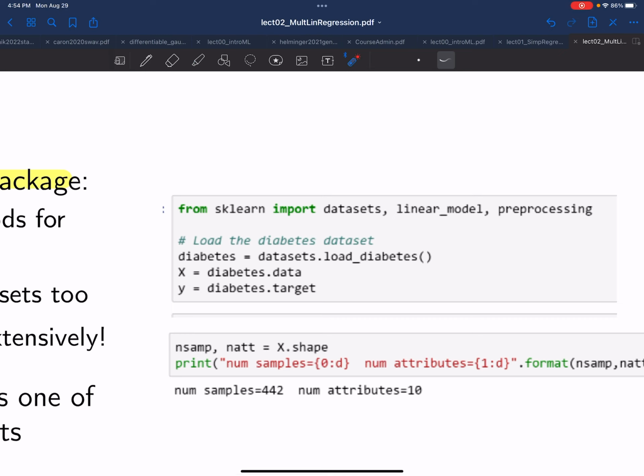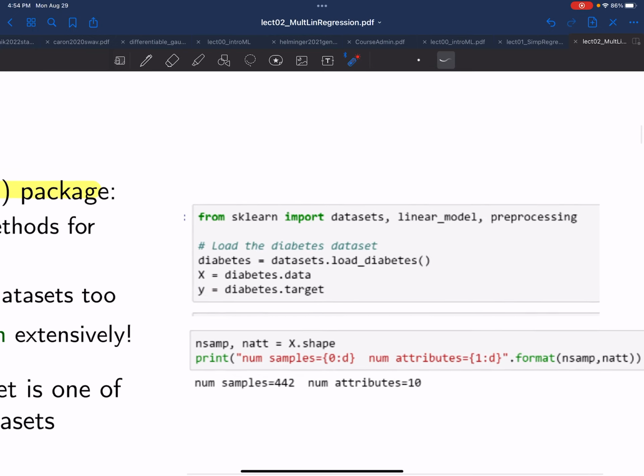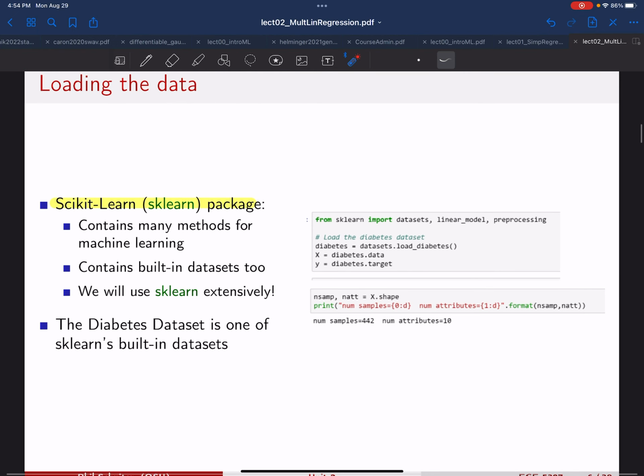You just import this datasets subpackage, and then you do datasets.load_diabetes, and it puts the data into this structure, and you can pull out the features, which we'll call X, and the target, which we'll call Y. X is going to be a matrix for us, and Y is going to be a vector. We're going to talk a little bit more about how we structure those in the next couple slides.